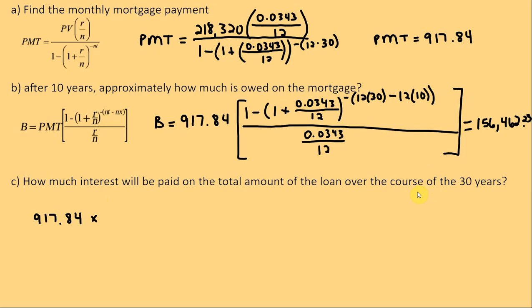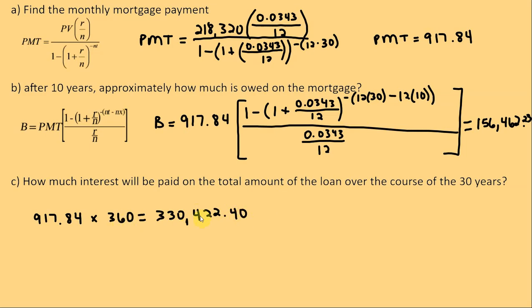So 12 times 30 is 360. That's how many payments we're going to make. $917.84, 360 times, gives us a total of $330,422.40.